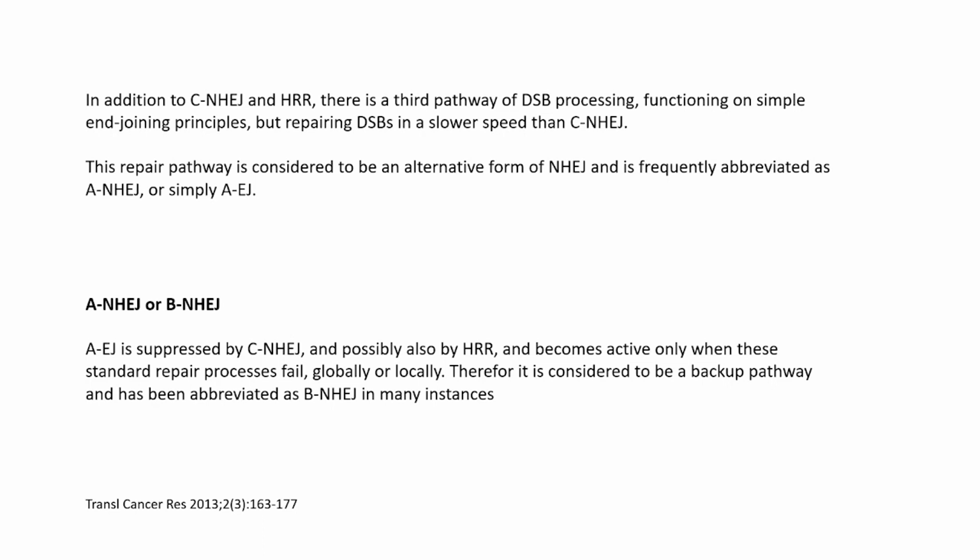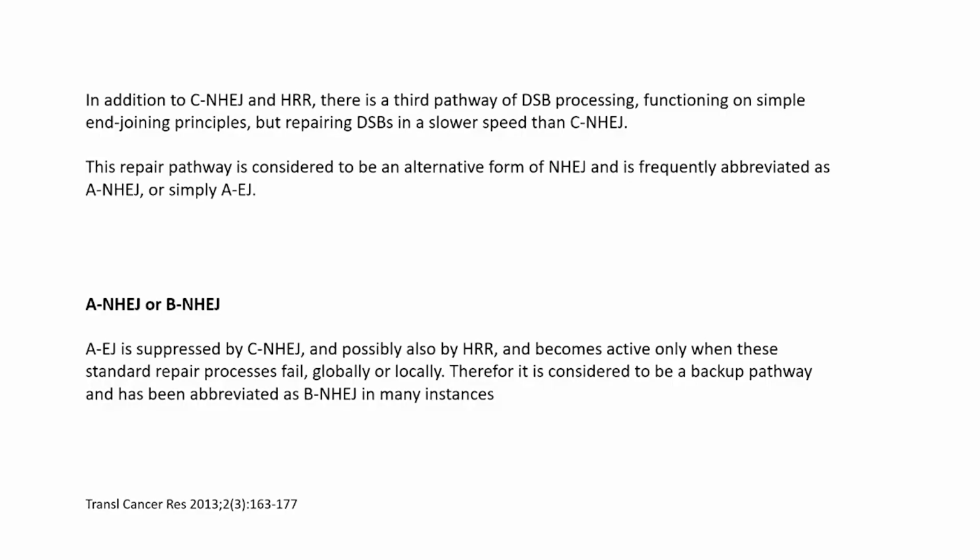A-NHEJ or A-EJ is suppressed by C-NHEJ. The conventional NHEJ will not allow the alternative NHEJ to operate, and it is also possibly suppressed by the homologous recombination repair pathway. It is the least preferred pathway because of the suppression by the other two pathways, and it becomes active only when the standard repair processes fail. The C-NHEJ and HRR fail to take care of the genome integrity.